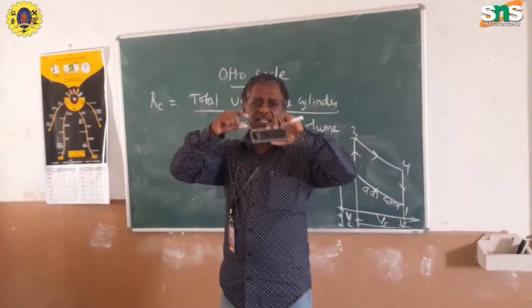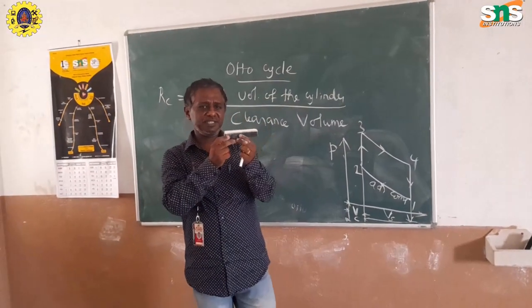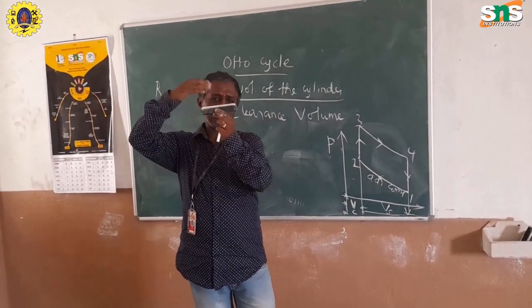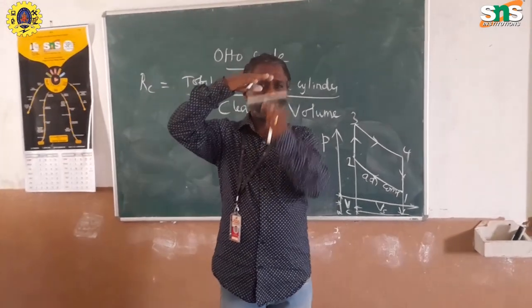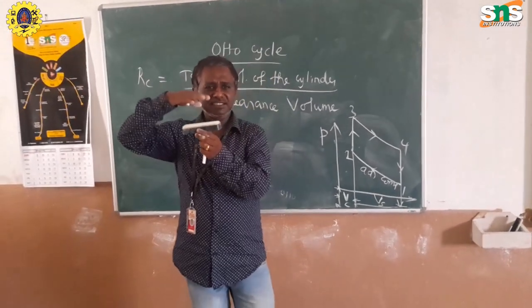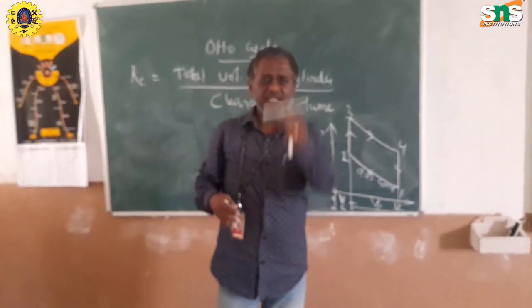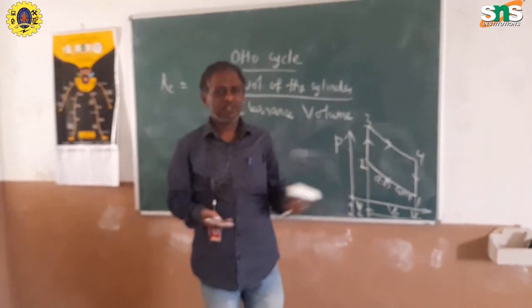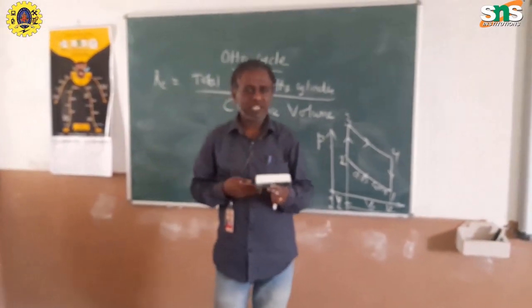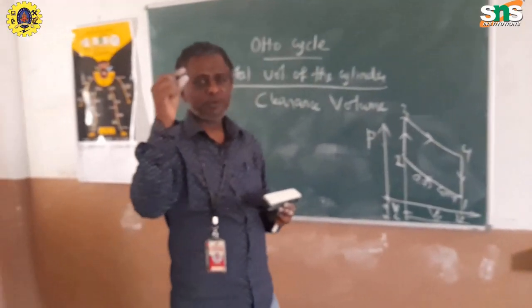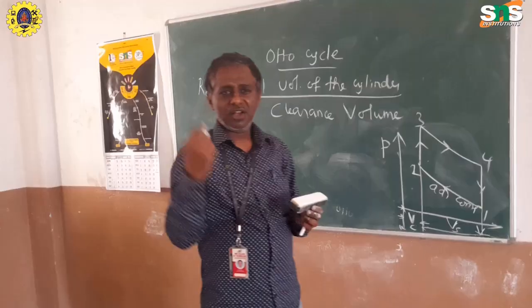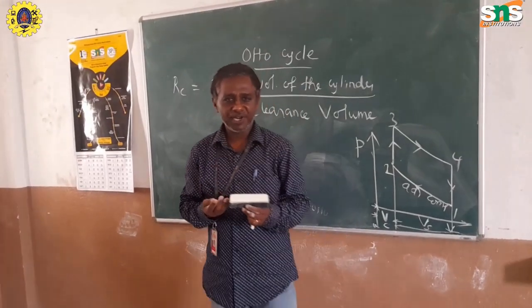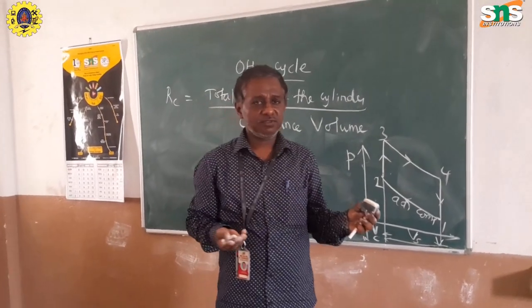The total volume of the cylinder means the air occupied inside the cylinder. There will be a small gap at TDC, because it is necessary to provide the gap, otherwise the piston will hit the head and wear and tear will happen. To avoid that, a small gap is provided. The amount of air occupied inside the gap is called the clearance volume.